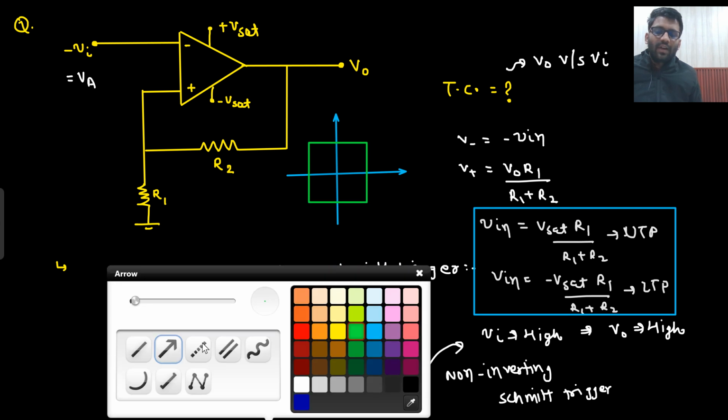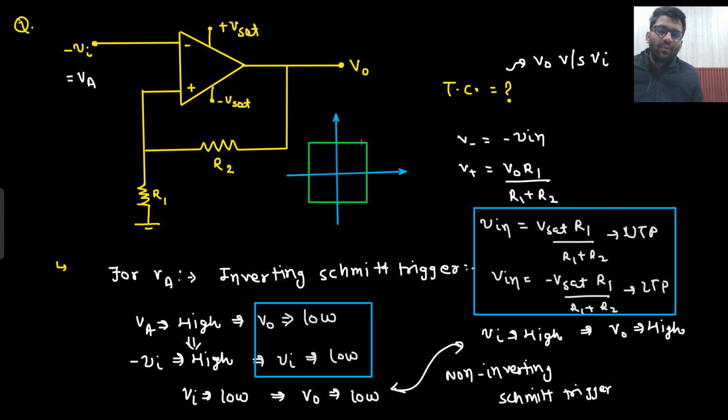For higher value you will get higher output. For lower value you will get lower output. Since it is non-inverting, non-inverting means anti-clockwise. You know here as well, whatever the potentials are there.